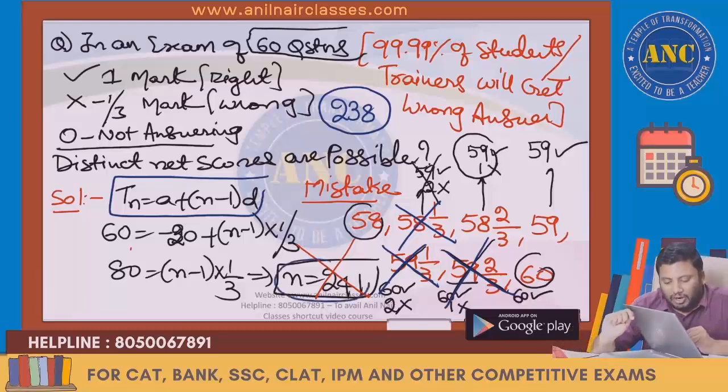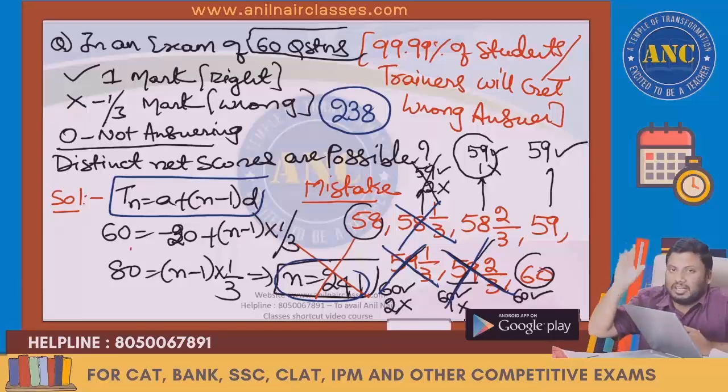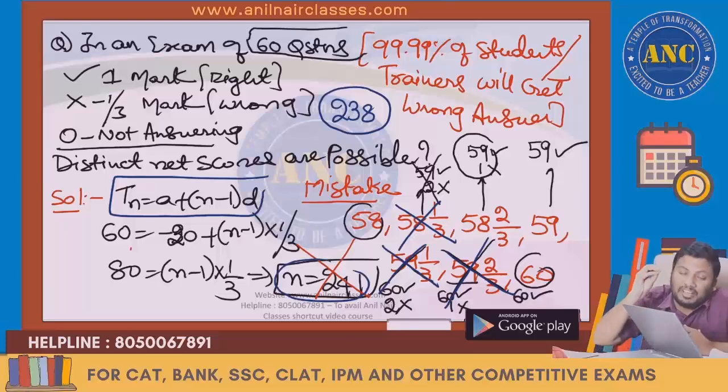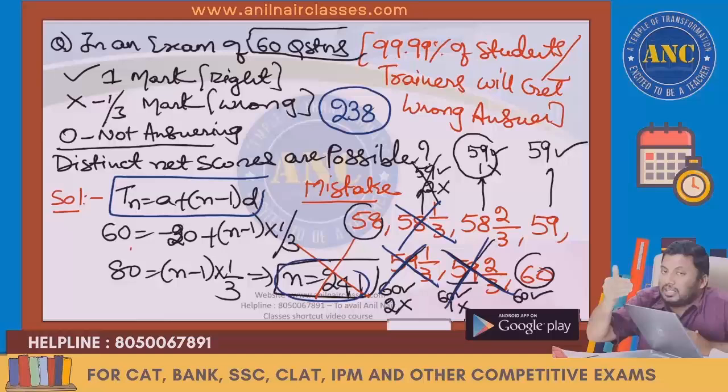N is 241, and in that 241, 3 cases are eliminated. Again, I am repeating which are the 3 cases. 60: all 60 attempted, all 60 right, it is possible. 59 2/3: 60 right, 1 wrong. Wrong is also an attempt at the question. 60 plus 1 is 61.